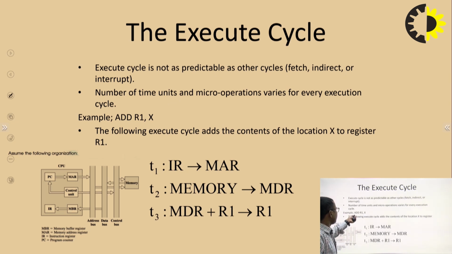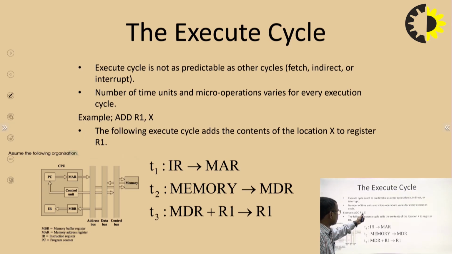So for example here, ADD R1, X. You can see here that this X is a location. The following execute cycle adds contents of location X to the register R1. R1 equals R1 plus X.